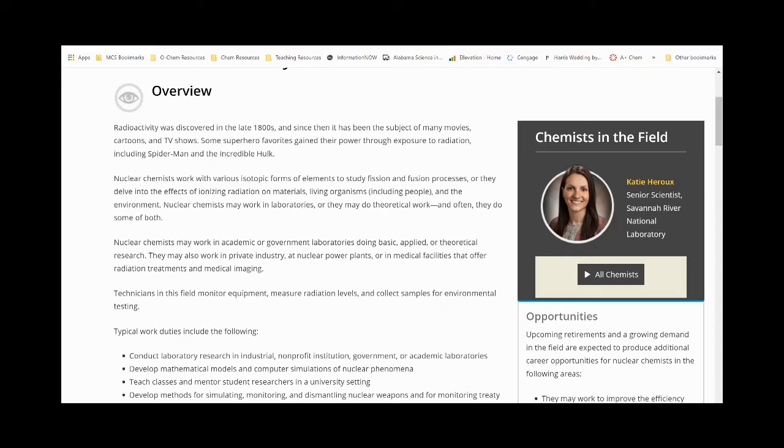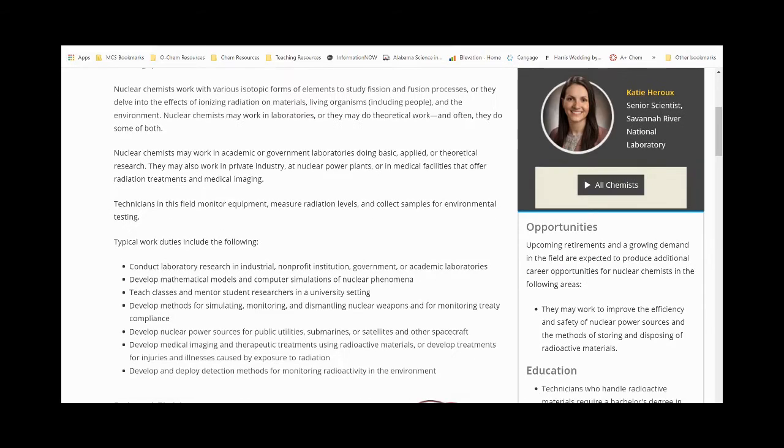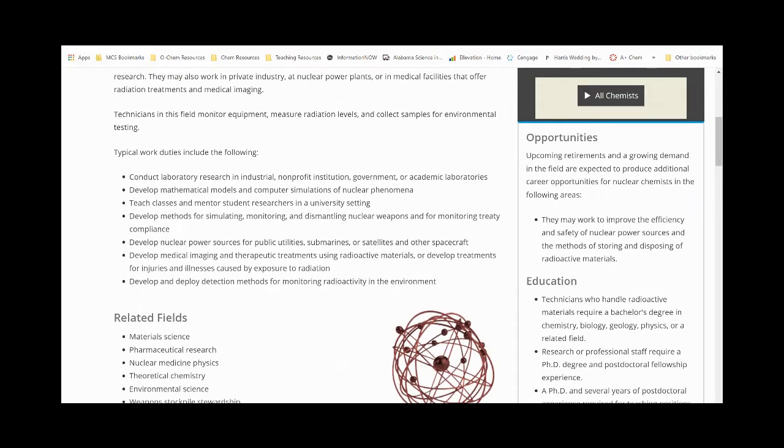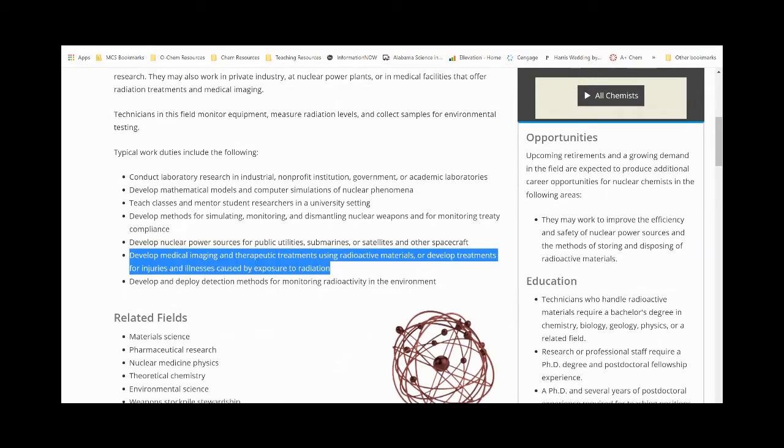And so they can be involved in a lot of the research, developing different nuclear power sources. Like it says here, developing medical imaging and therapeutic treatments using radioactive materials. Or it says, on the flip side, if people have been exposed to too much radiation, they can work to develop different treatments for those injuries or for those different illnesses that can come about.